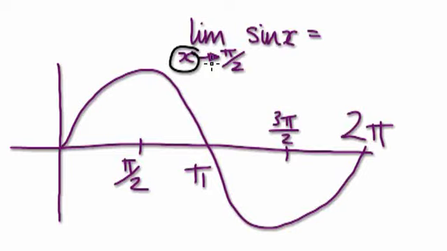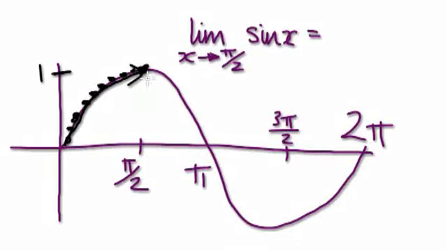As x heads towards pi over 2, you're moving from the left hand side, towards pi over 2. So you're moving in this direction, which happens to be heading towards 1.